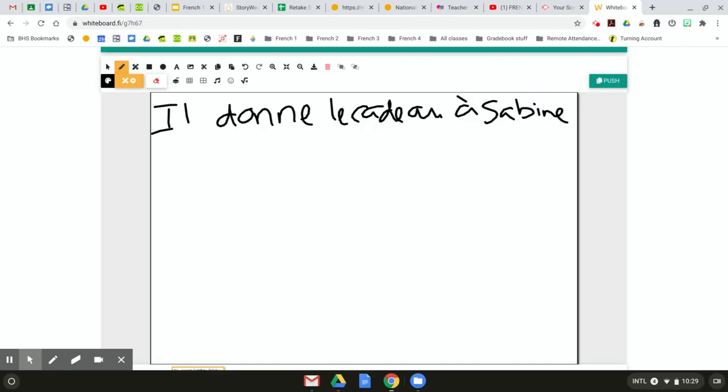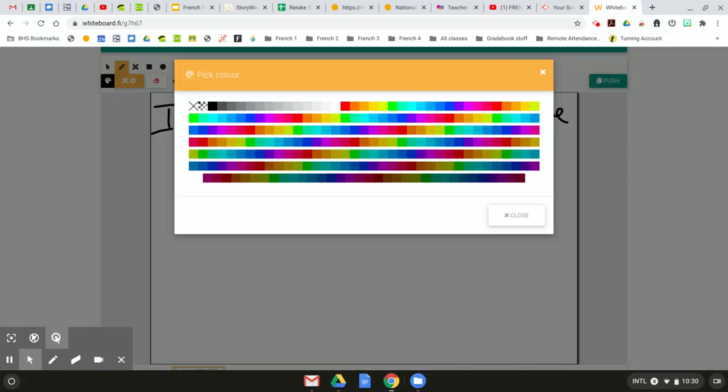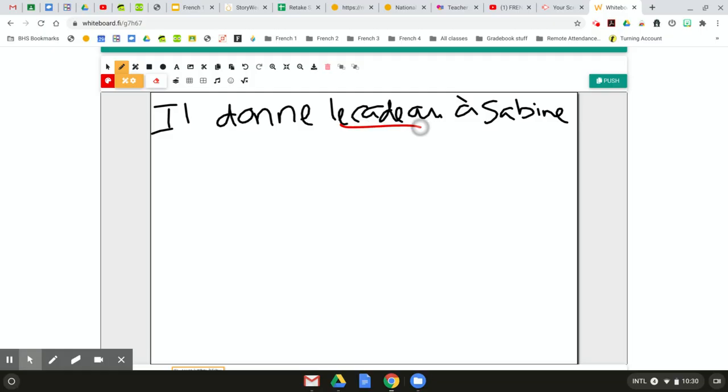So he gives the gift to Sabine. So in our sentence, we are going to end up replacing le cadeau and à Sabine. Le cadeau we're going to replace with le because our pronoun is already there. And Sabine we are going to replace with her. And her in French, her or him, is lui. So we're going to replace à Sabine with lui.